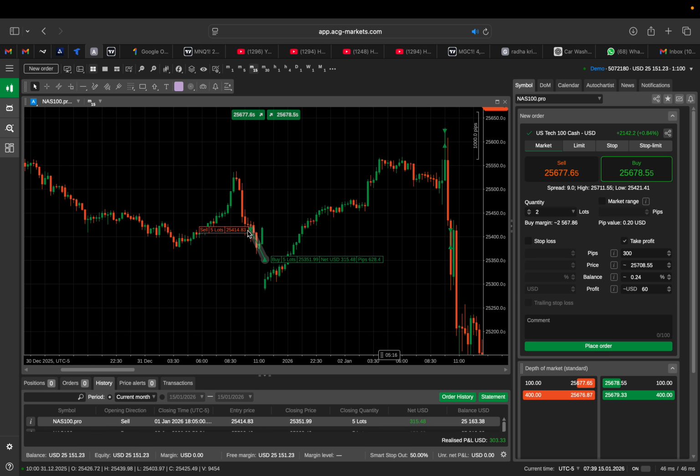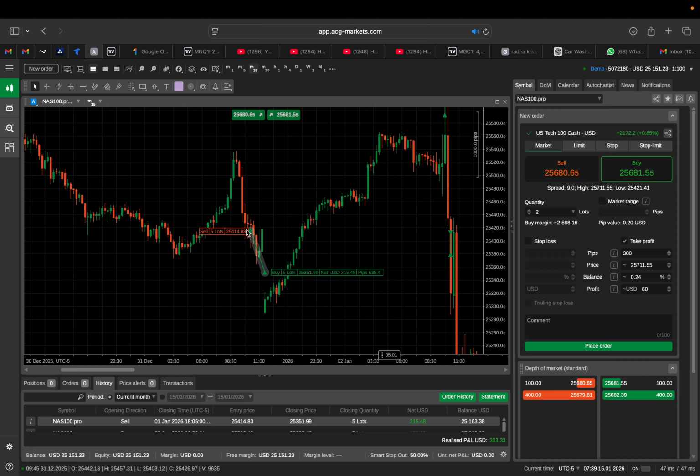It says I entered around here. Okay, so the third candle, is it saying third or fourth? I think it's the third candle. So at the finish of the third candle, or on the verge of finishing, I would have entered, and I stayed there, and then we got a big push.